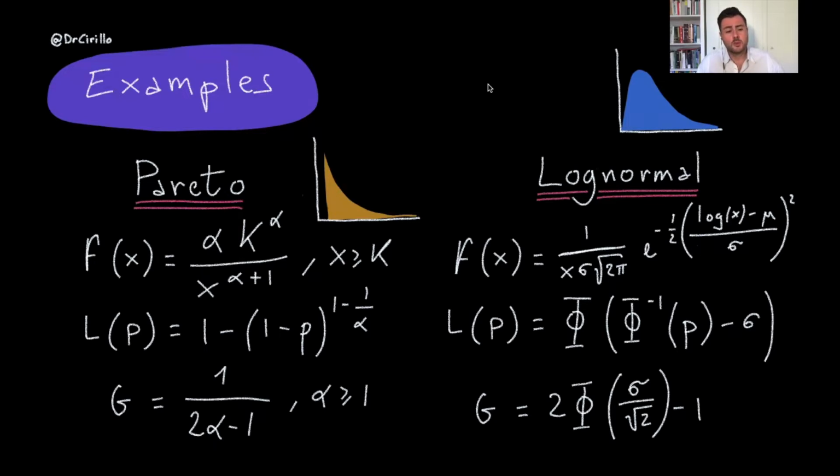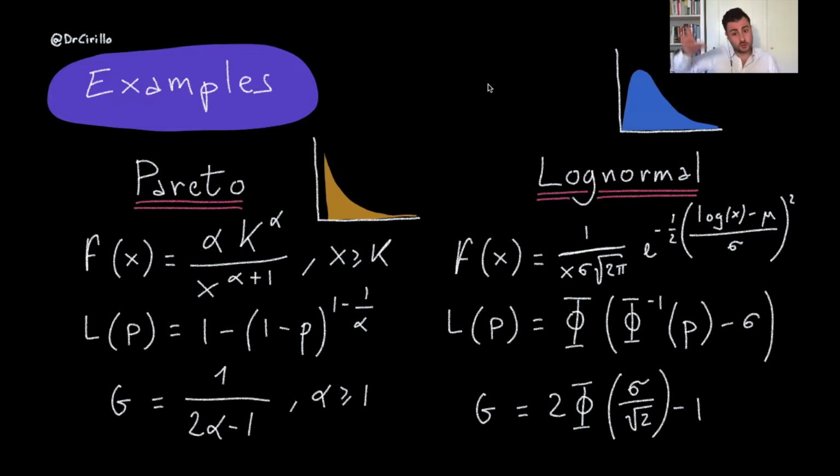Now, the Pareto distribution is a distribution whose density f of x is what you see on your screen, so it's alpha K to the power alpha divided by x to the power alpha plus 1. This is for a value x larger than the minimum value capital K. If I compute the Lorenz curve of a Pareto distributed random variable, it's a very simple exercise.